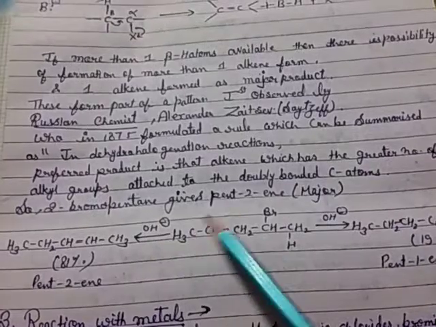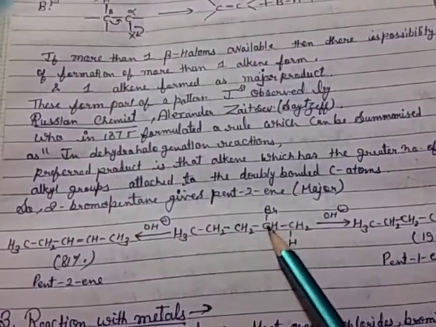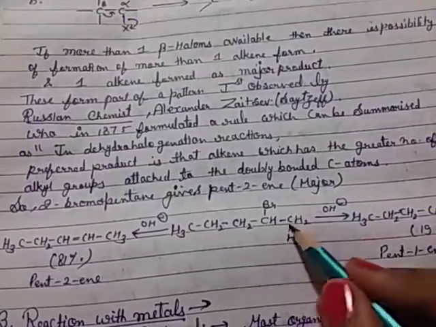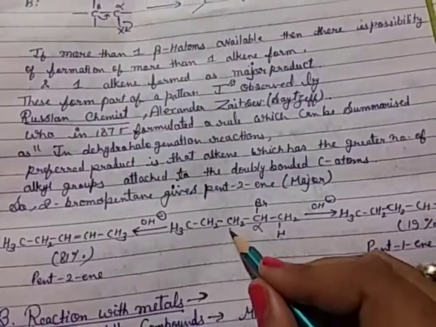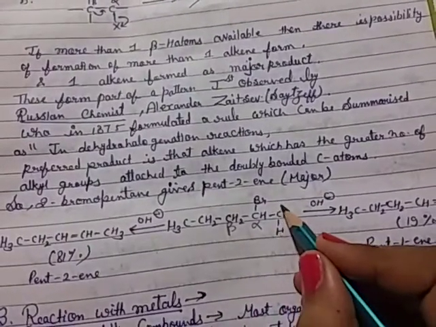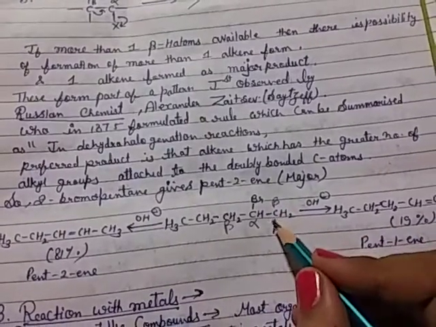See here, the halogen is attached to this carbon, so this is the alpha carbon, and the next carbon is beta, and this side also has a beta carbon.